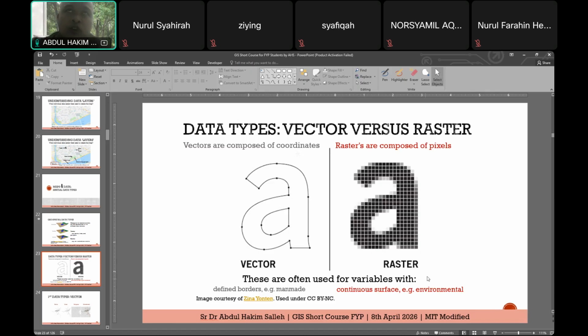It is more on something that you roughly capture of an area. For example, you take your camera, you capture the image of your mother, then it is actually in the form of a continuous surface of pixels, right?